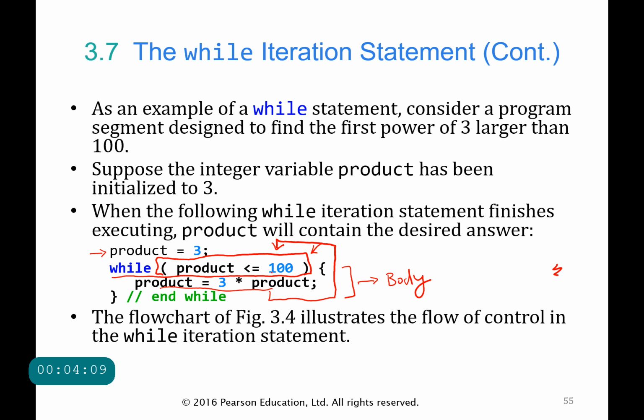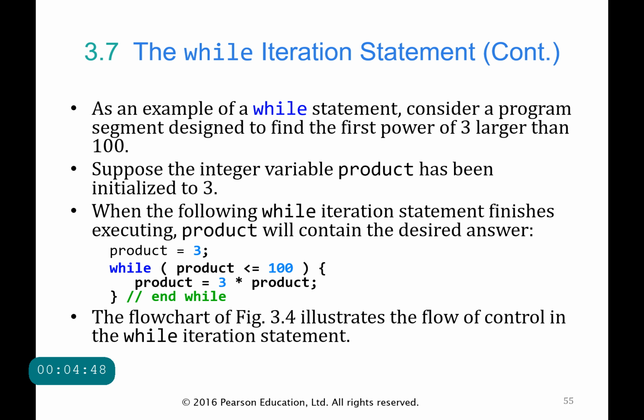If it is still true, you're going to repeat the statements in the body, and you're going to keep doing this until the condition becomes false. And when the condition becomes false, you then move to the line that follows the body of the statement. So you will come down here somewhere. Sorry for cramming up the slide, I don't have too much space to write. Let me just erase all the ink.